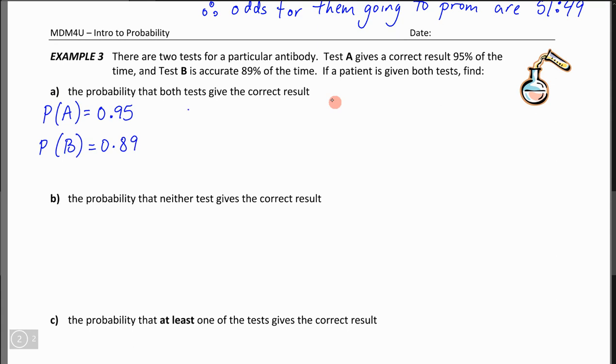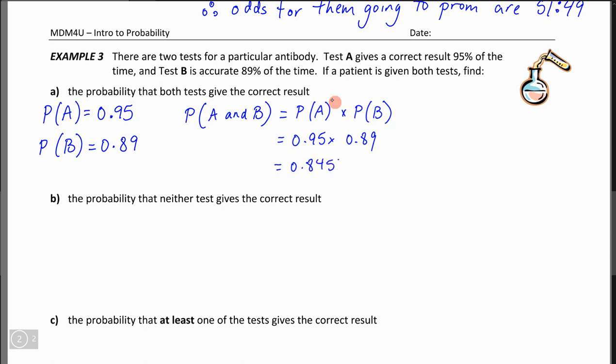So he's going to be given both tests, the probability of A and B. So what's the probability that he will get a correct result either way? So I'm looking for that. So it's going to be the probability of A times the probability of B. I'm going to multiply 0.95 times 0.89. And that's going to give me 0.8455, or as a percentage, I can say 84.6%. And that's how we do it.